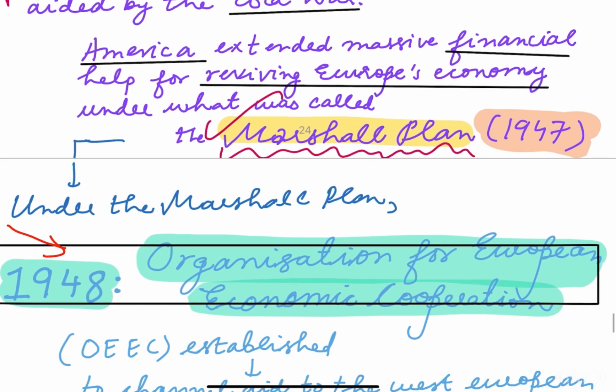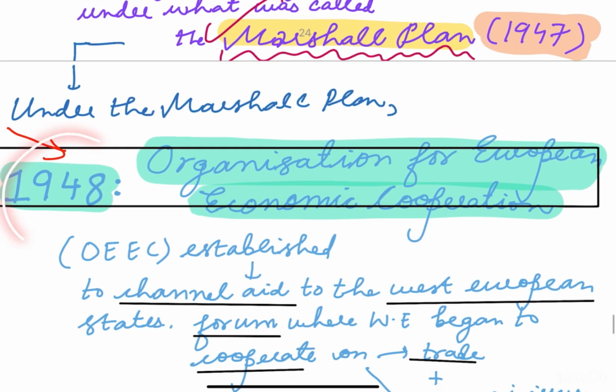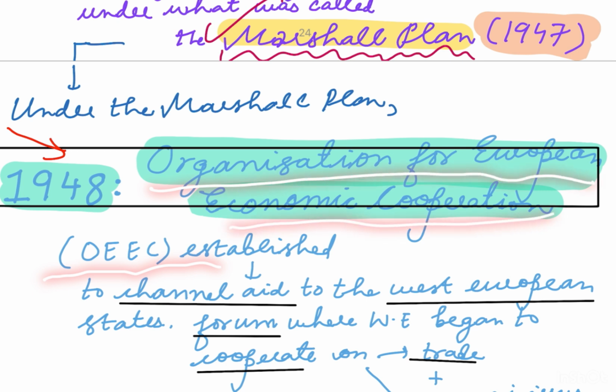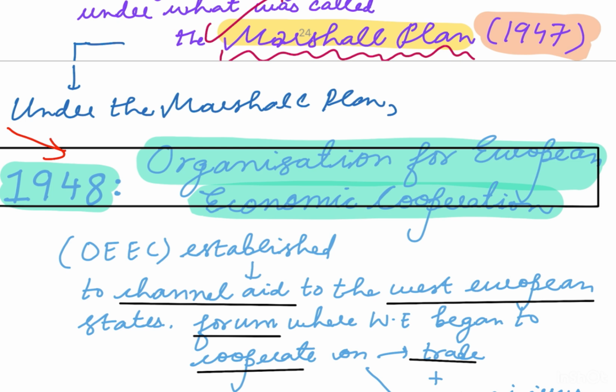Now under the Marshall Plan, in the year 1948, an organization was formed called the OEEC, Organization for European Economic Cooperation. It was established to channel aid to the West European states.